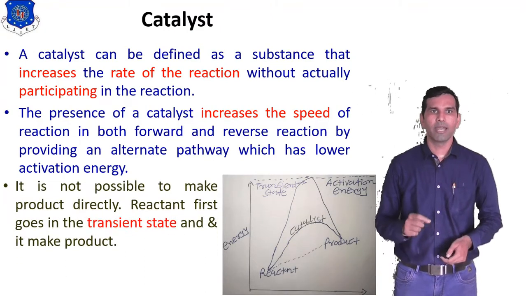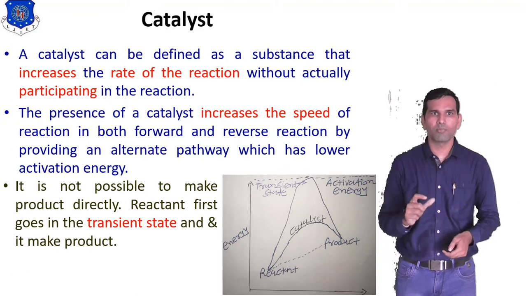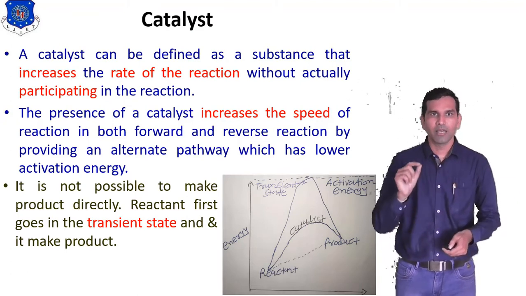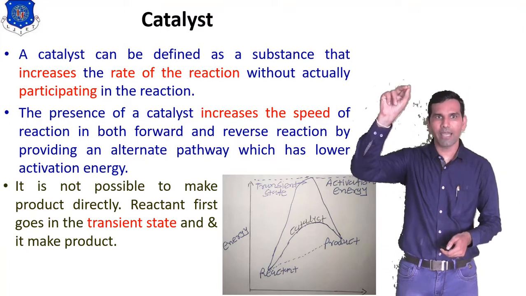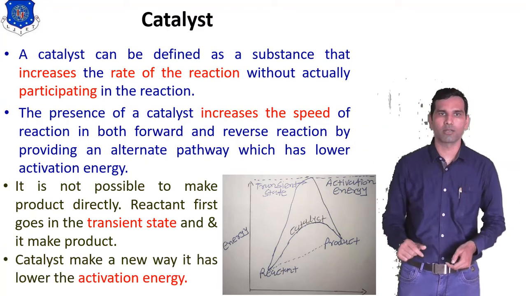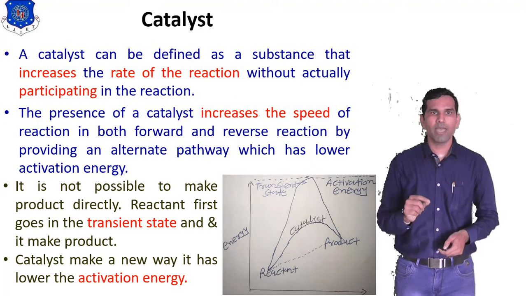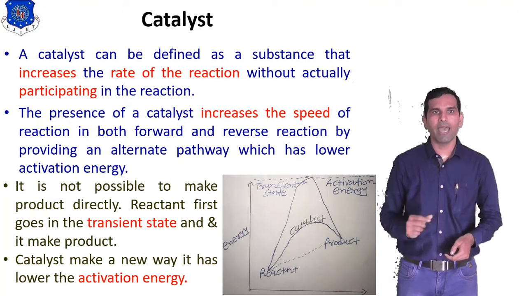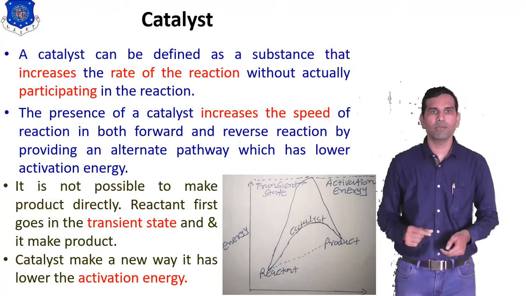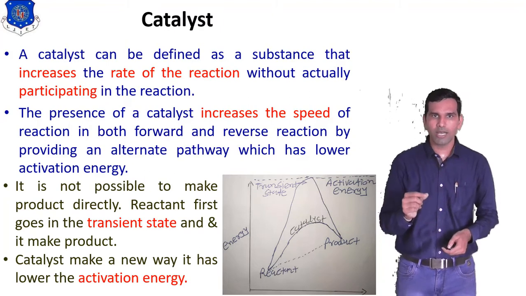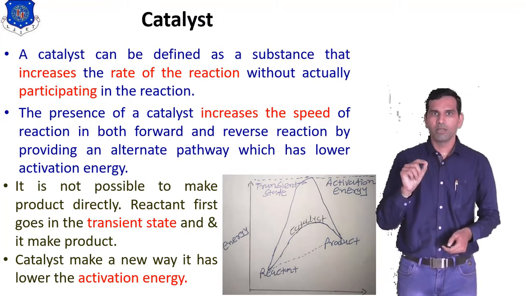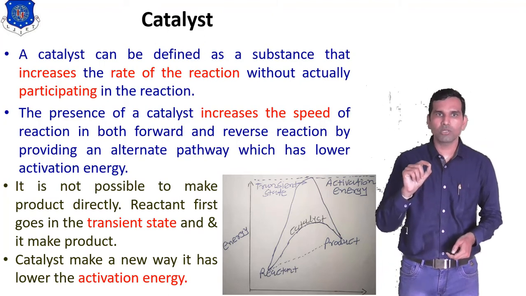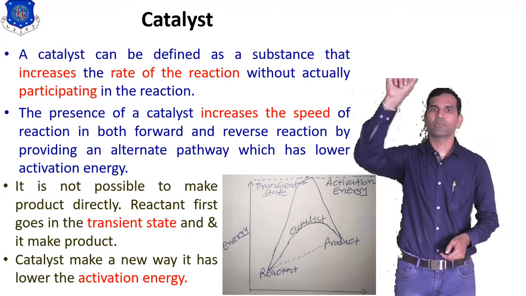So it is not possible to make product directly. Reactant first goes into the transient state and then makes product. Catalyst makes a new way, it lowers the activation energy. So here we can see the graph. First, the reactant goes to the transient state.